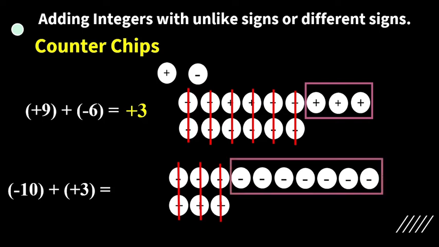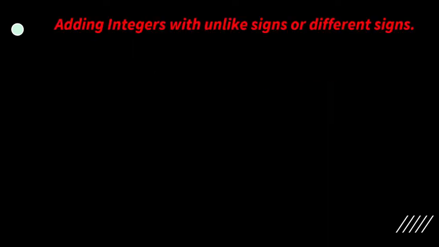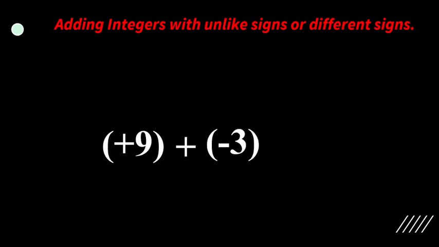So what we got here is 7 negative chips, which means -7. Therefore, -10 plus +3 is equal to -7.